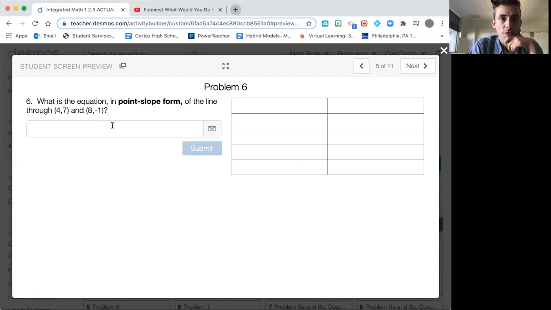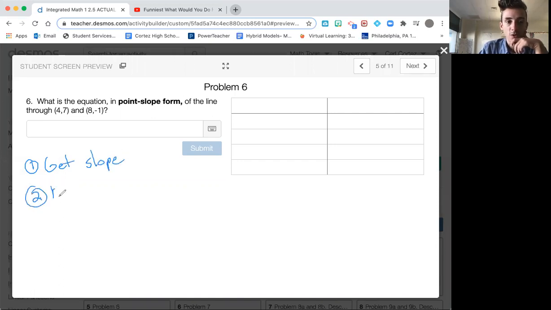Point slope form for this, I have 2 points, but I'm missing my slope. So I need to first, first things first, get my slope. Second thing, make that equation. All right, so I have the points (4, 7) and (8, -1).